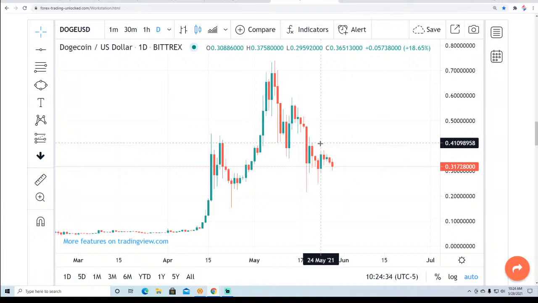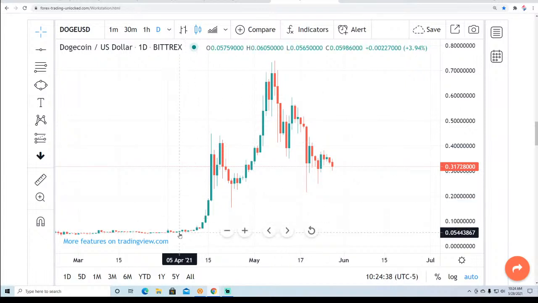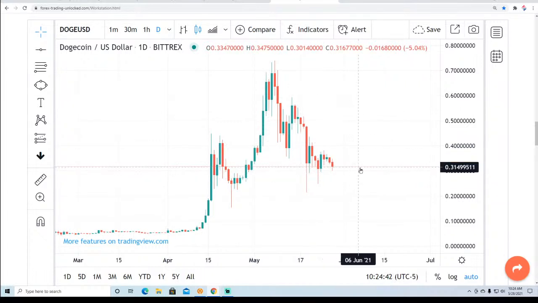It has had such an extreme run up. If you think about where it was back in April, at a nickel, it's still trading six times higher than it was just a month and a half ago. Is that sustainable? Probably not.